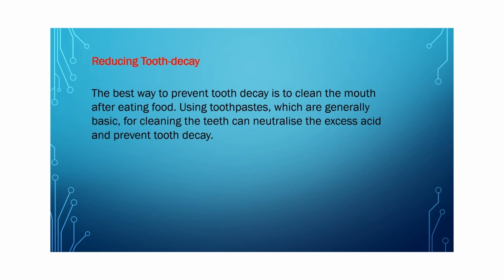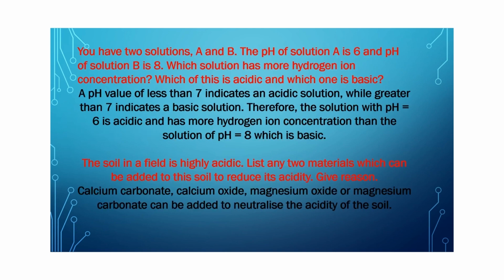What does this toothpaste actually do? This toothpaste, which is generally basic in nature, cleans your teeth. How? It neutralizes the excess acid because it is basic. So it will neutralize the excess acid produced in your mouth and thereby prevent tooth decay.